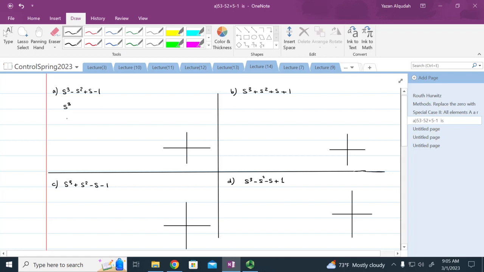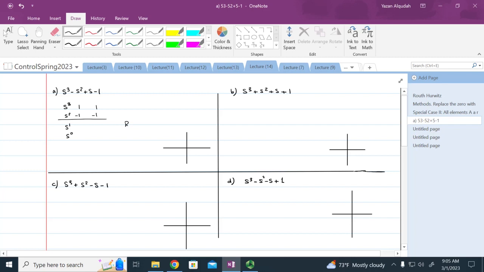So s cubed, s squared, s to the 1, s to the 0. We have a 1 and a 1, and we have negative 1 and negative 1. When we calculate this row, we're going to get a row of 0, because these two elements are the same.